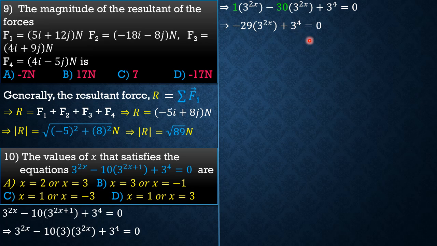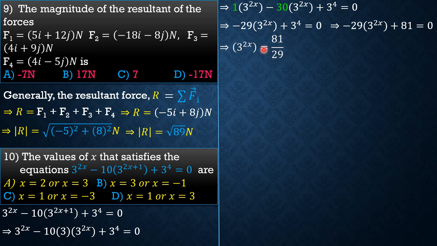If we send 3 raised to the power 4 over to the right hand side, we are therefore going to have negative 29 into 3 raised to the power 2x plus 81 equal to 0. So when we send this to the right hand side and we divide by negative 29, we are going to have 3 raised to the power 2x equal to 81 over 29.